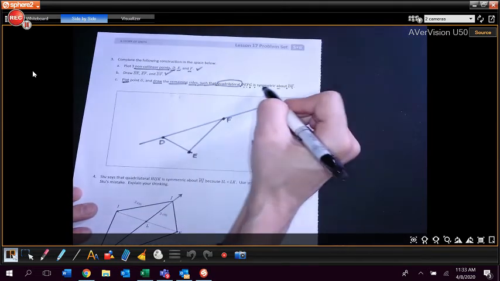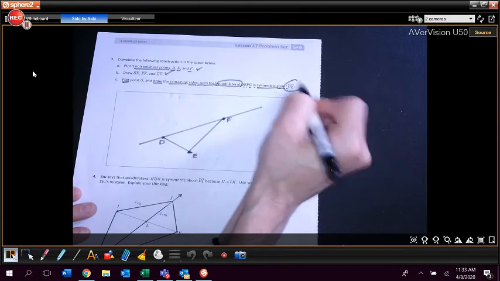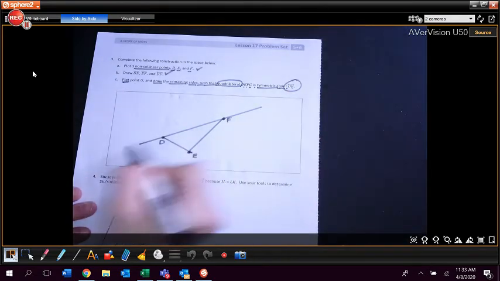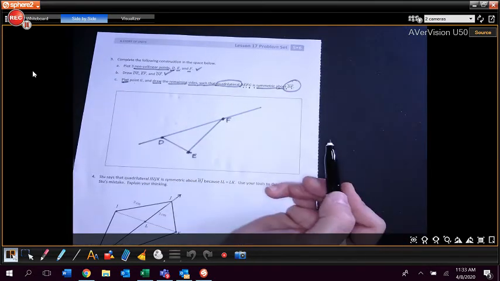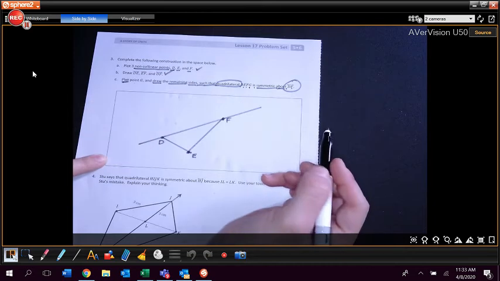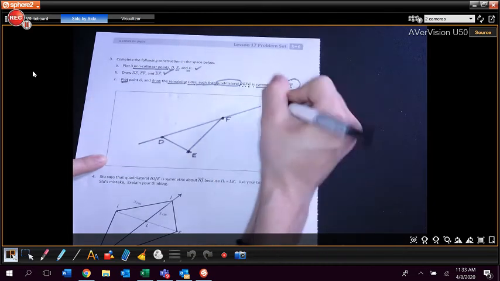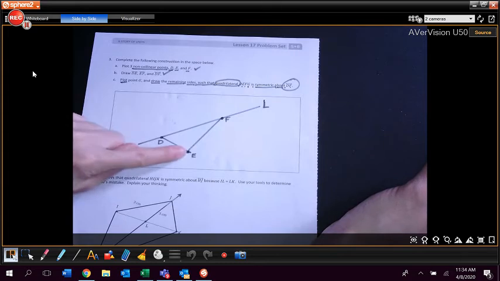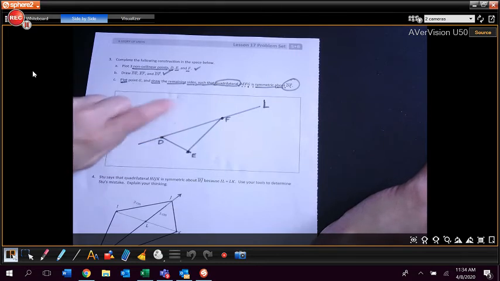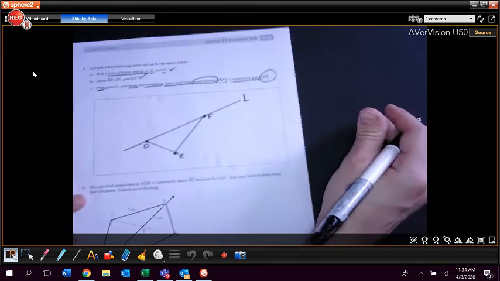So if it's going to be symmetric about DF, what do you think DF means? This right here is our line of symmetry. So we know that is our line of symmetry. So whatever we plot on this side is going to be G, and it has to be symmetrical to D and F.